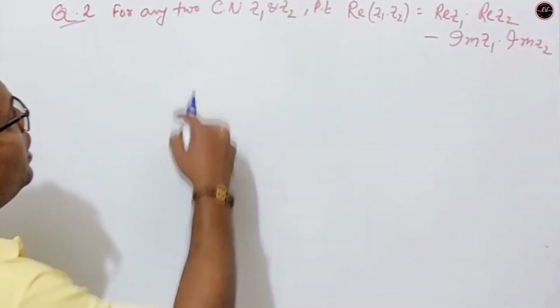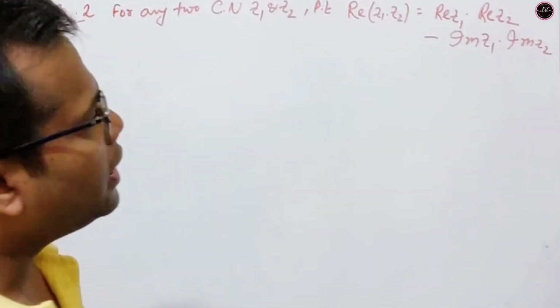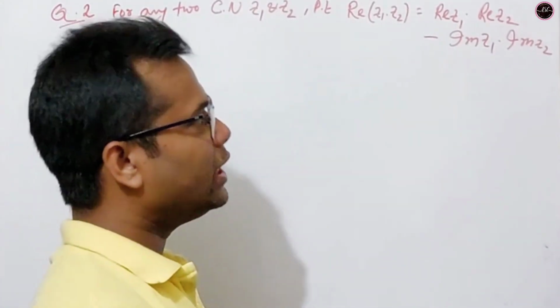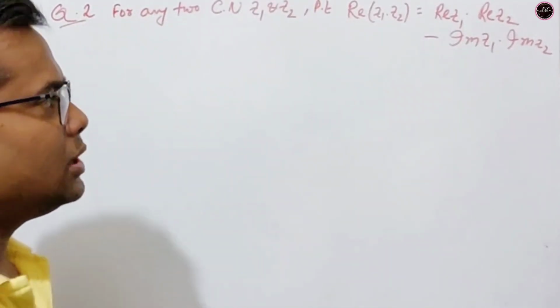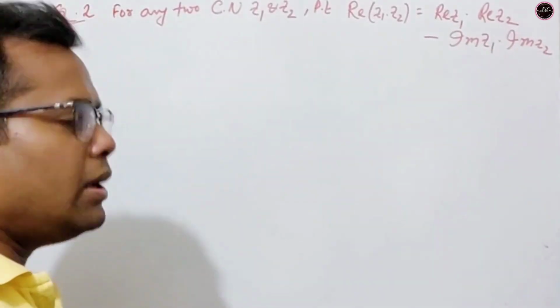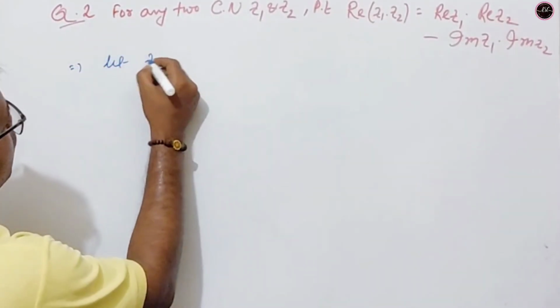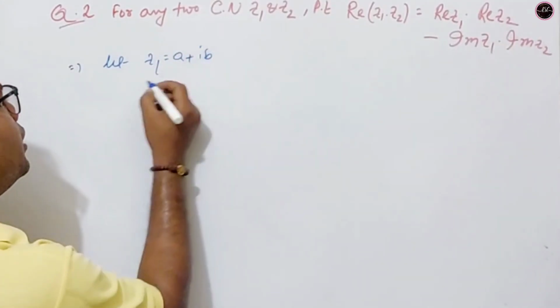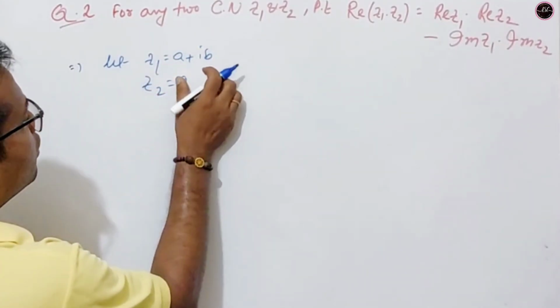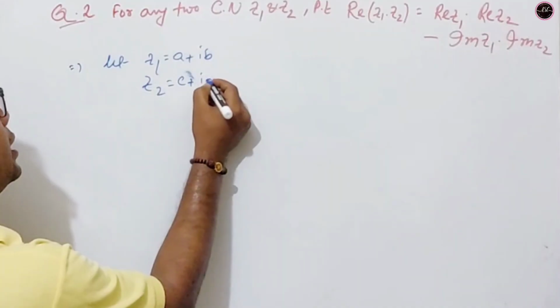Then look at this question. For any complex numbers Z1 and Z2, prove that real Z1 dot Z2 equal to real Z1 dot real Z2 minus imaginary Z1 dot imaginary Z2. So we first let Z1 is equal to A plus IB, Z2 equal to C plus ID.